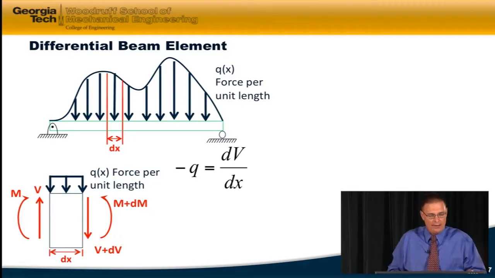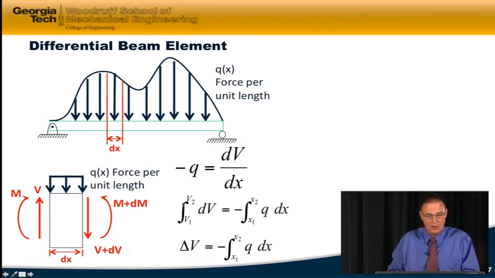So here again, I've shown my beam element and the free body diagram. I've got my relationship between the negative value of the load and the change of the shear in the x direction. I can rearrange that equation and integrate it from two different points on the beam. So now I can integrate from a point 1 to a point 2 anywhere along the beam.